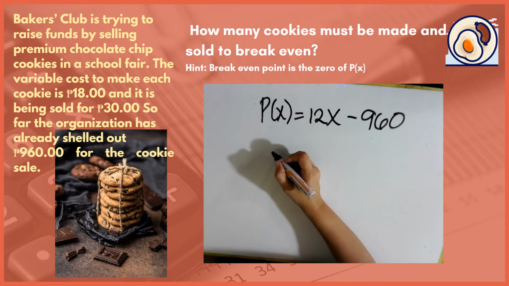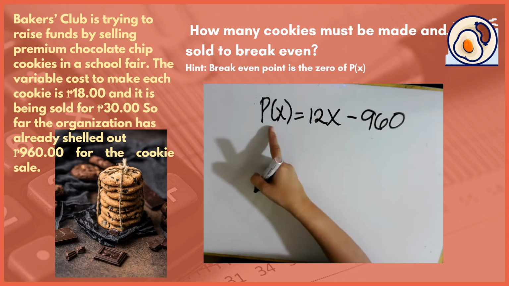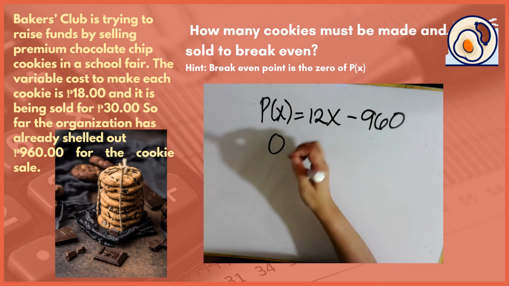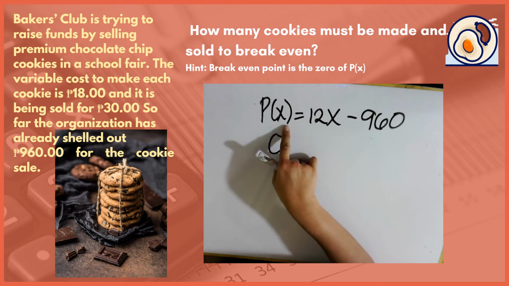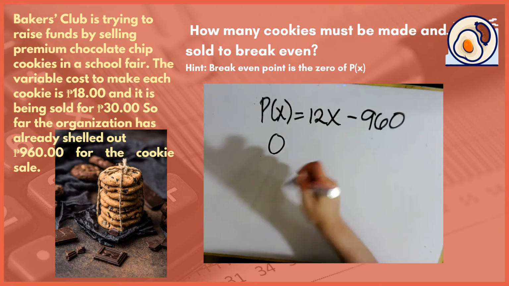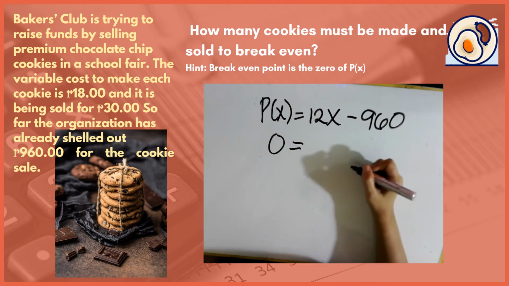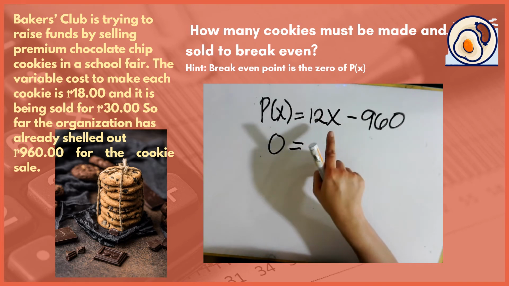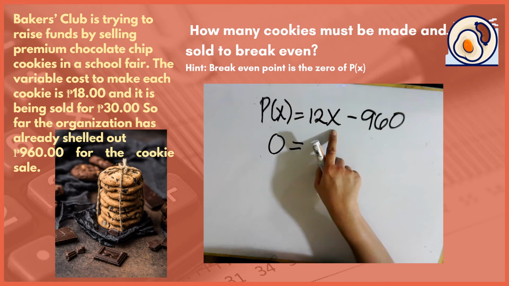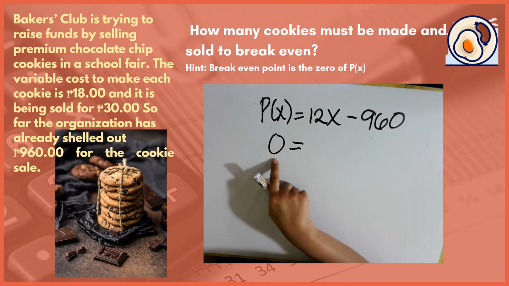So, dahil kailangan mag-zero yung ating profit, i-replace natin yung P of X by 0. Ang aalamin natin ngayon ay yung X or the number of cookies na maibibenta para maging 0 yung profit o nabawi lamang yung ginastos, wala talagang kita.